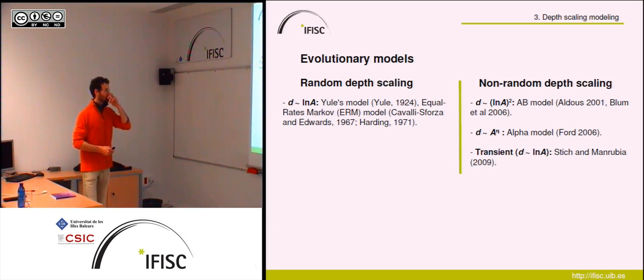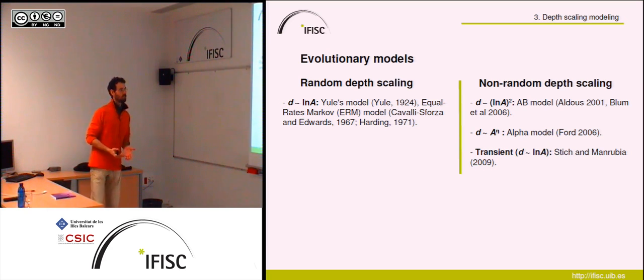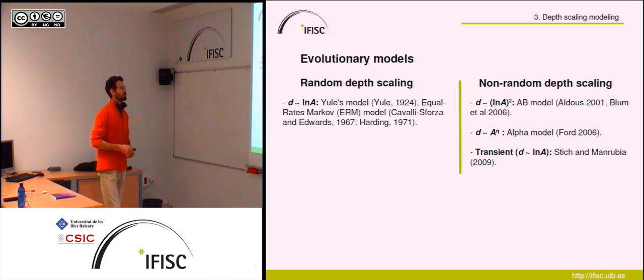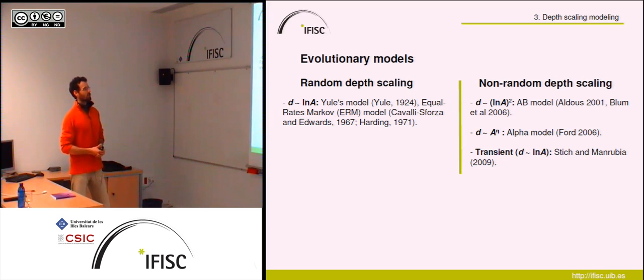For example, Aldous proposed the AB model, which shows that the phylogenetic trees generated with this model display a square logarithmic dependence of the mean depth with the branch size, while Ford, some years later, proposed the alpha model, which shows a power law dependence of the mean depth with the branch size.